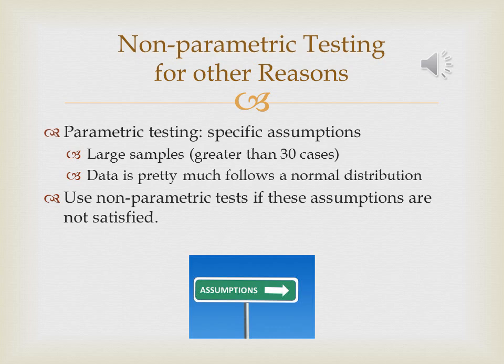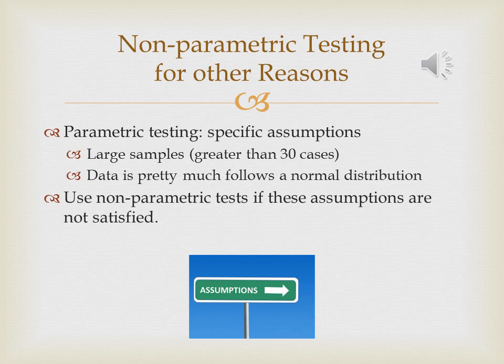By the way, parametric testing is usually not the default. In fact, non-parametric testing is usually the default. And that's because of some other reasons for using non-parametric testing. First, parametric testing has very specific assumptions. There has to be a large sample size with at least 20 cases, sample size equal 20.